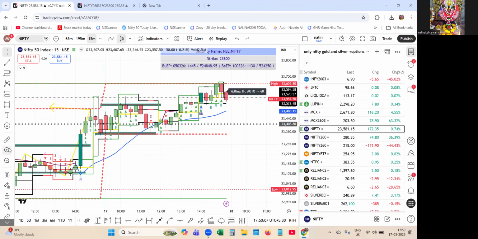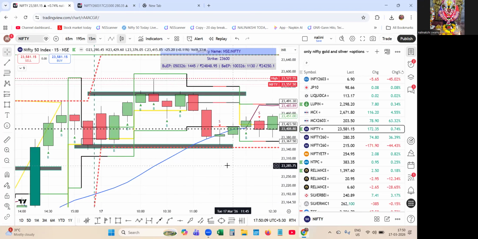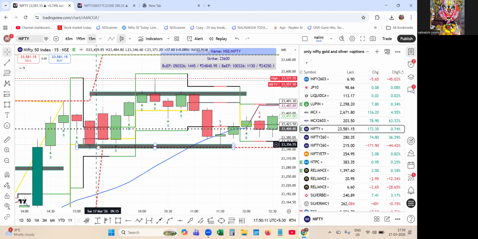If I zoom in, you can see in the first hour itself, this is the S1 pivot and this one is R1. The market came down, then started trading higher above the pivot, R1.